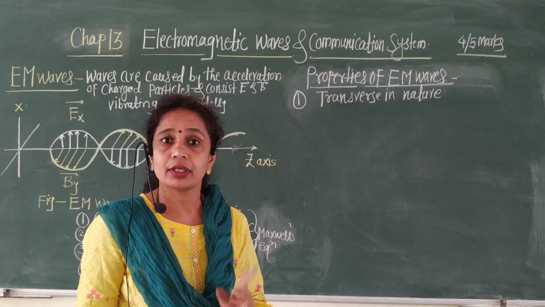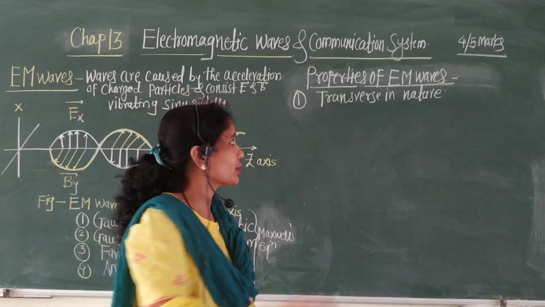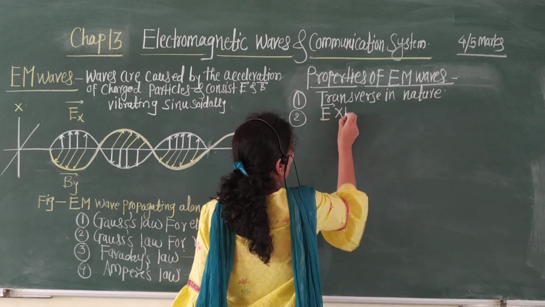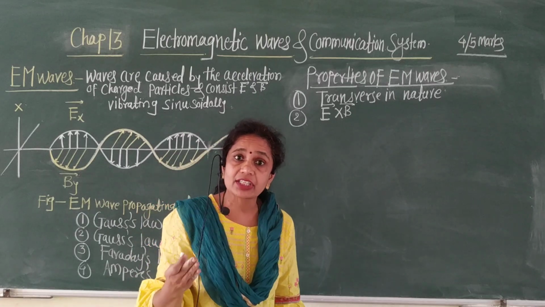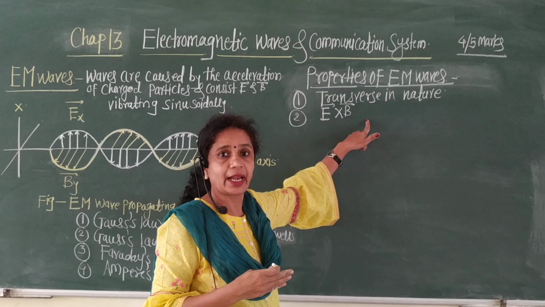Then second point, the cross product of E vector cross B vector gives the direction in which the electromagnetic waves travel.